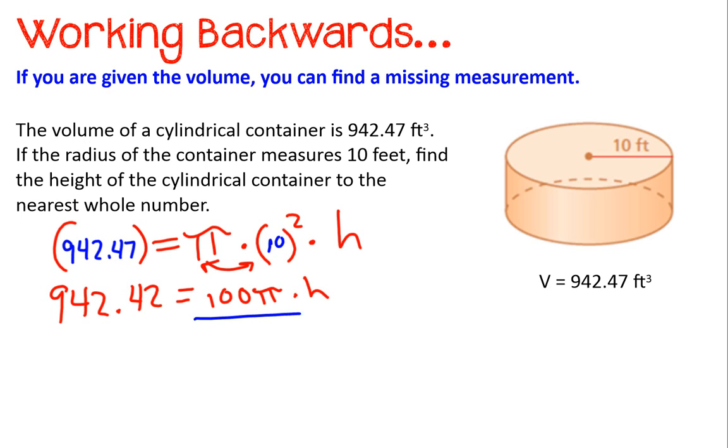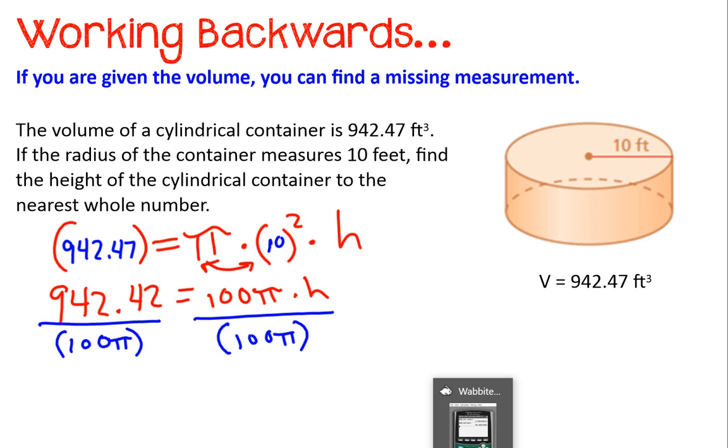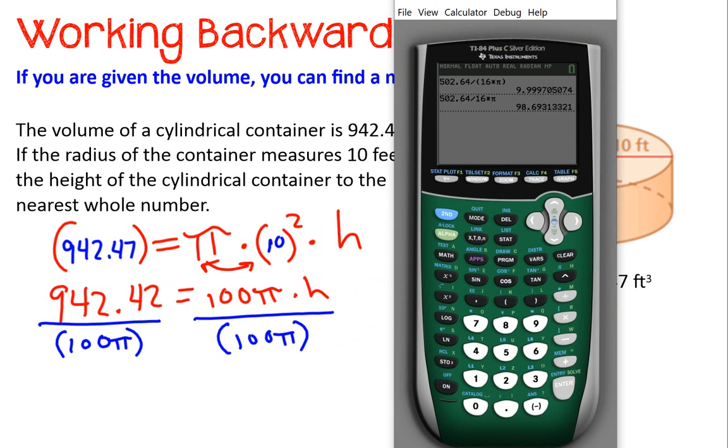Now remember, I'm going to divide by both things at one time, so I have to use parentheses, and that is important. Turn your calculator on, clear the screen, and type your numerator first, 942.47 divided by parentheses 100 times pi.